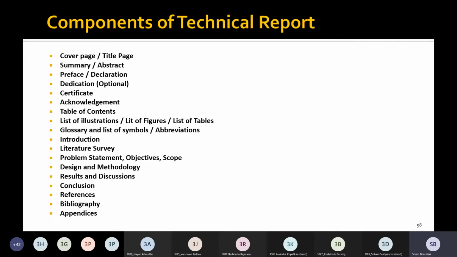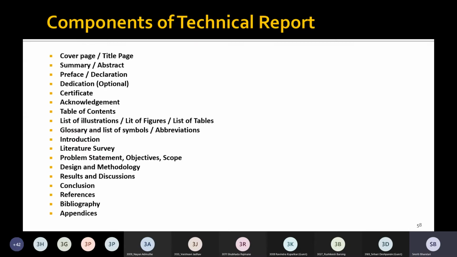Then we have the certificates. So one certificate from the department having the signatures of various authorities, and if the project is sponsored, then you may have the certificate from the respective company who has sponsored that project.